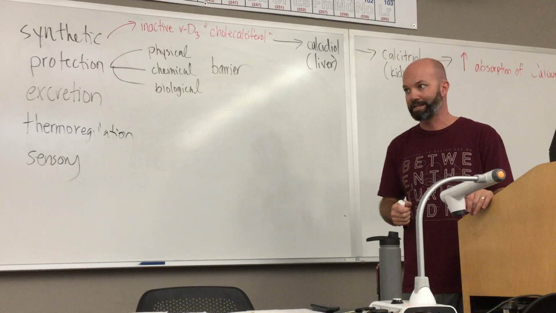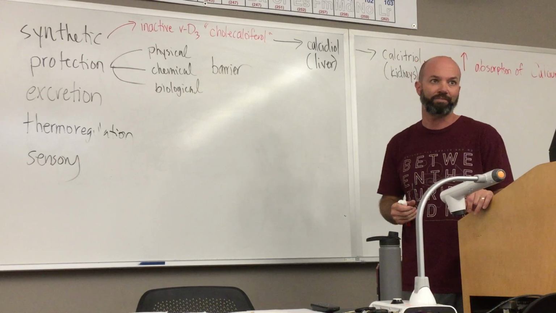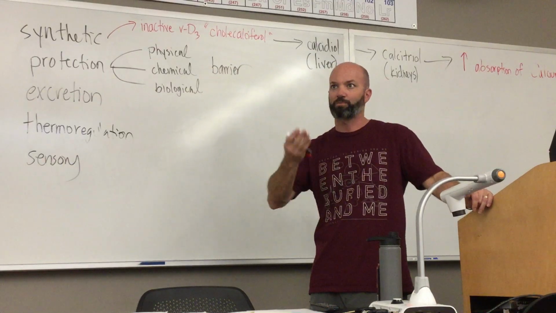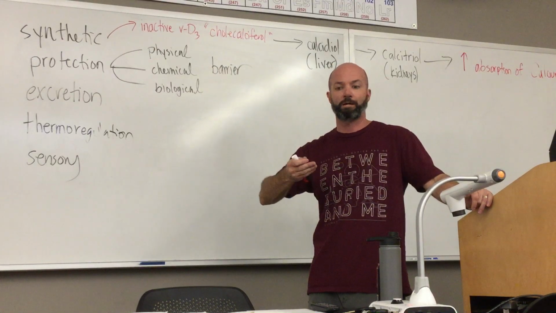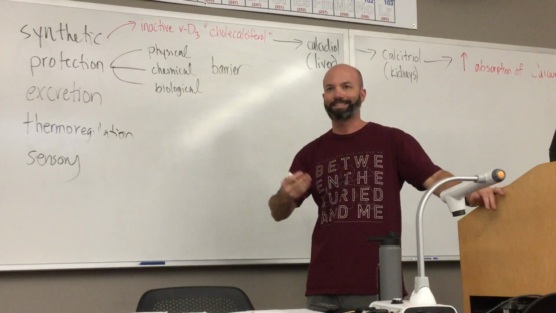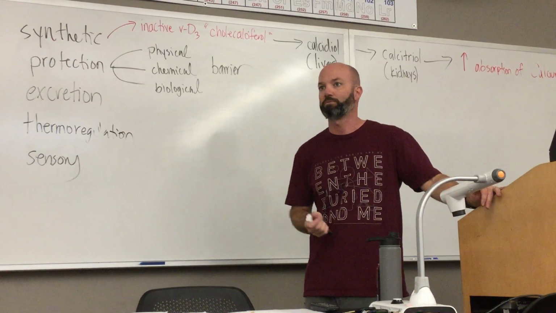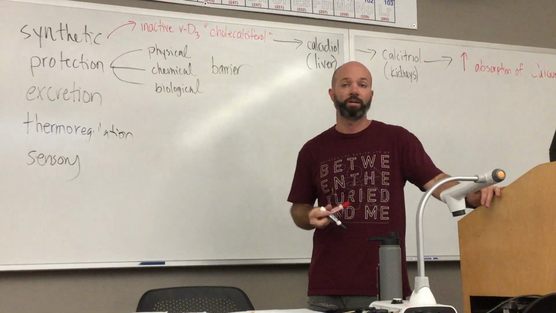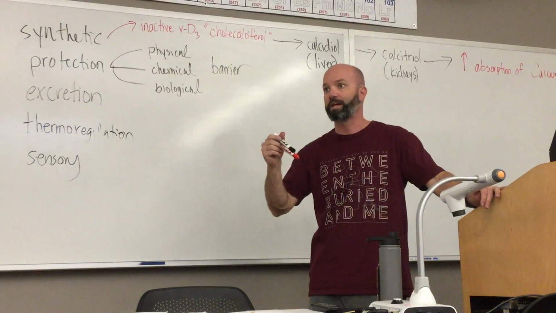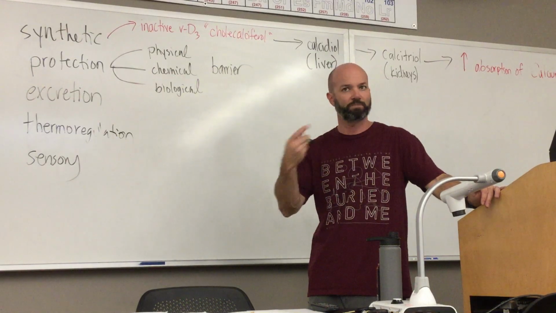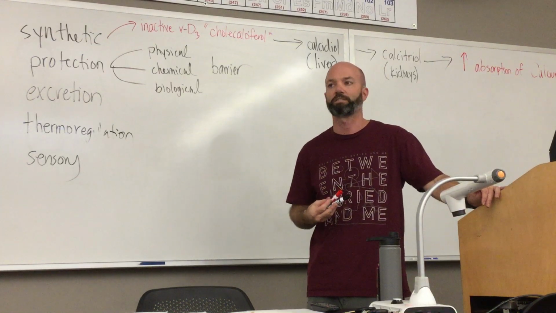So sweat and sebum both contain a variety of antimicrobial chemicals. Some of them have specific names like defensins, dermacidin, otherwise just as a group, antibacterial chemicals, bactericidal agents, either way. What else besides these chemicals that inhibit bacterial growth? What else about the surface of the skin? Yes, the acidity.